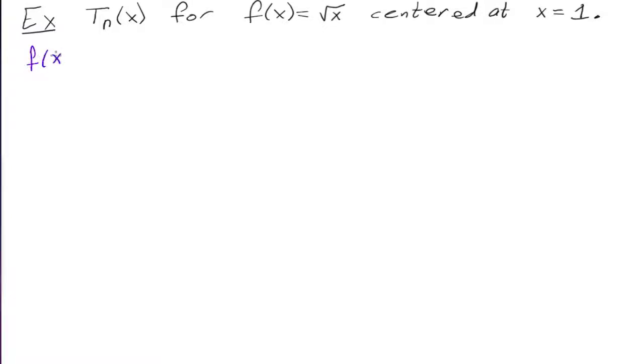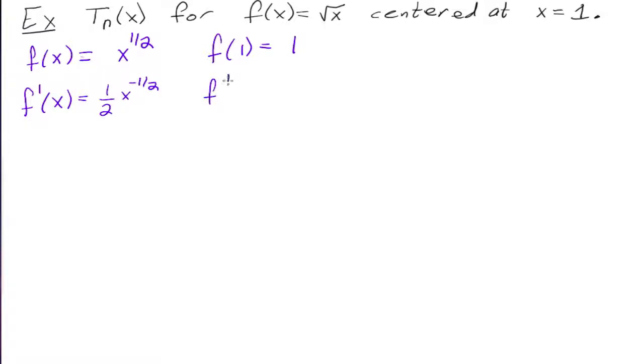So f of x is root x, but let's write it as x to the 1/2 because we're going to be taking the derivative a lot. So what's f of 1? 1. Okay. So f prime of x is 1/2 x to the negative 1/2. So f prime of 1 is 1/2, right?